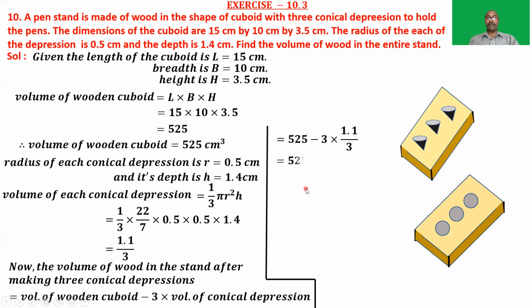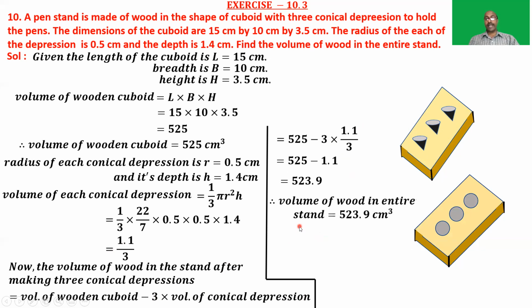So that is 525 minus 1.1, which is equal to 523.9. So the volume of wood in the entire stand is 523.9 cubic centimeters. Okay. So this is the last question in this exercise.